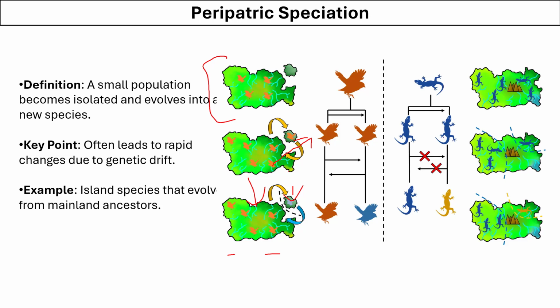So how is it different from allopatric speciation? In allopatric speciation, some geographic barrier was built by nature, but here the organisms have isolated themselves from the parent population, and because of the accumulation of changes, they cannot breed with their parent population.